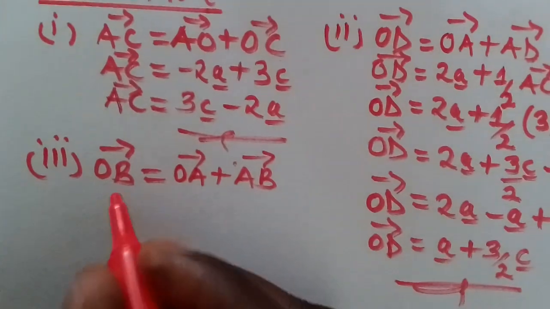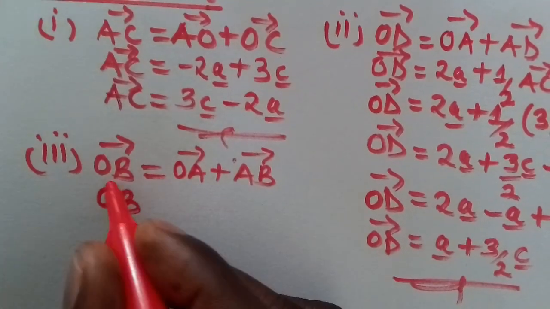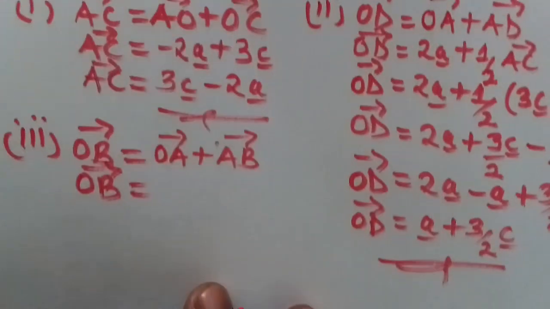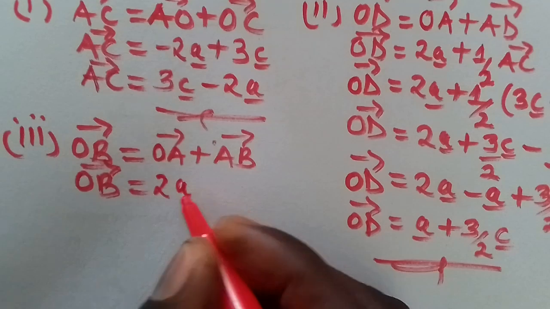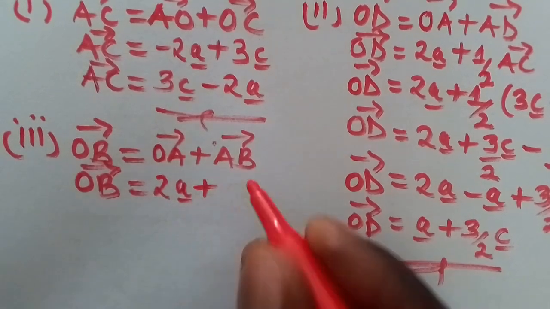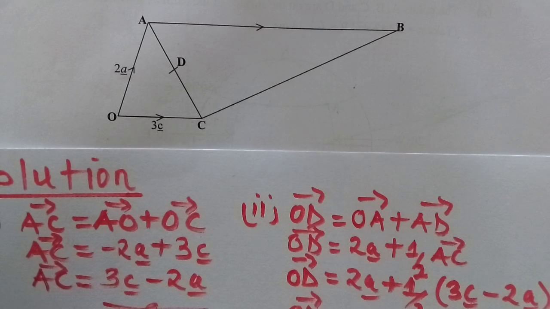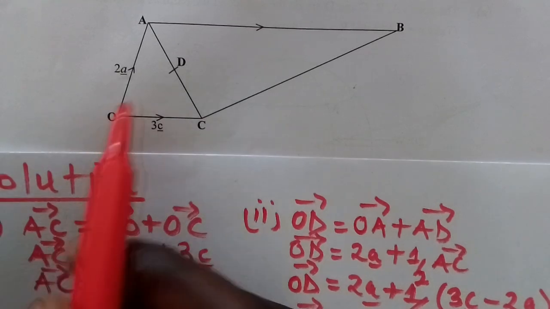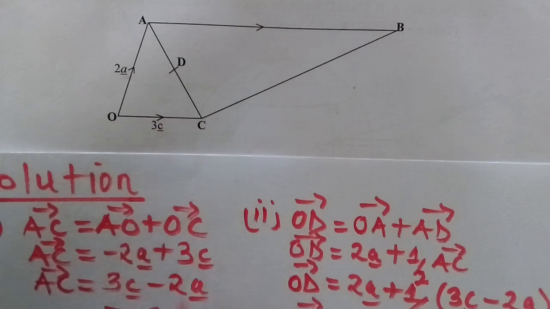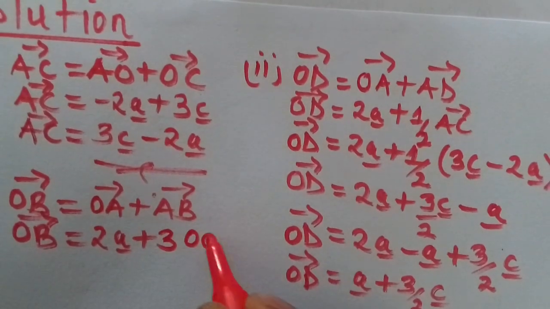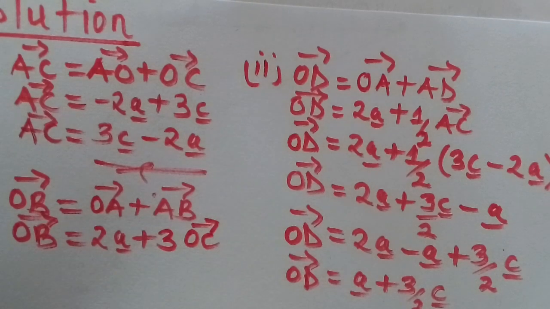So for OB vector, OA is 2A, so we put 2A vector here, then plus AB. AB, if you remember, is 3 times OC, and OC is given as 3C. So let's write 3 times OC vector here.